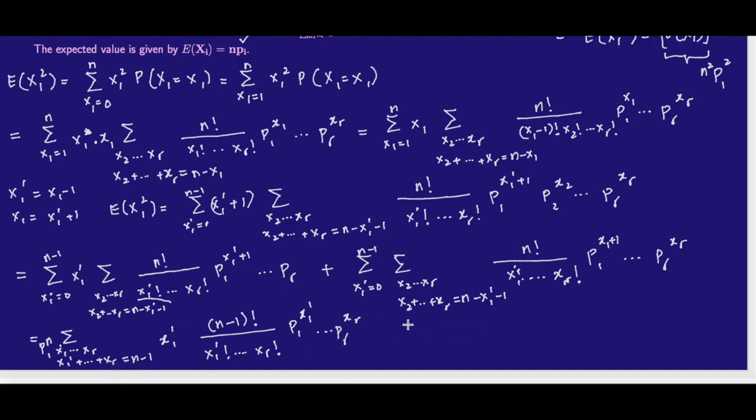Then I'm going to do exactly the same thing here. So this will become plus n times p1 times the sum over x1 prime up to xr such that x1 prime plus ... plus xr is equal to n minus 1, and then I have exactly the same thing: n minus 1 factorial divided by x1 prime factorial up to xr factorial, p1 to the x1 prime up to pr to the xr.